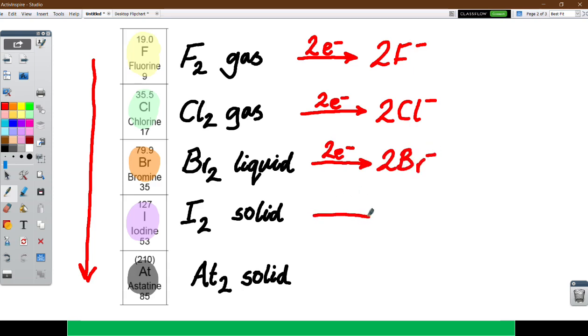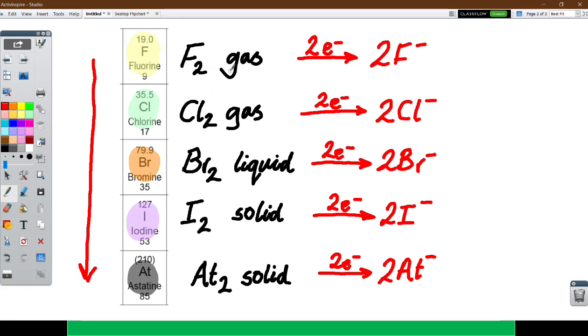Iodine becomes less electronegative again, and now it's struggling to pull in a pair of electrons and form an iodide ion. And we never talk about astatine reacting, but I suppose if it did react, it would do it in a similar way, although very unreactive, because it's not electronegative at all. So electronegativity decreases down the group, and that is related to their reactivity decreasing as well.